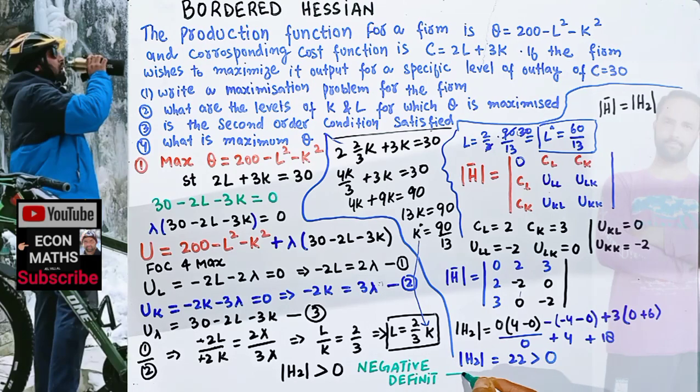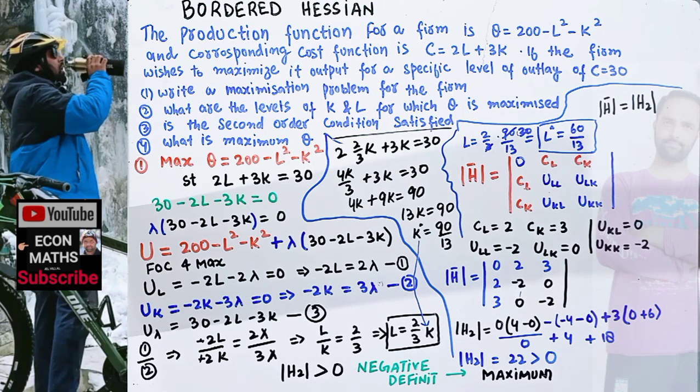And negative definite satisfies the condition for relative maximum. If the second bordered principal minor came out to be greater than 0, we say our bordered hessian is negative definite, and negative definite satisfies the condition for relative maximum. That means second order condition is satisfied.